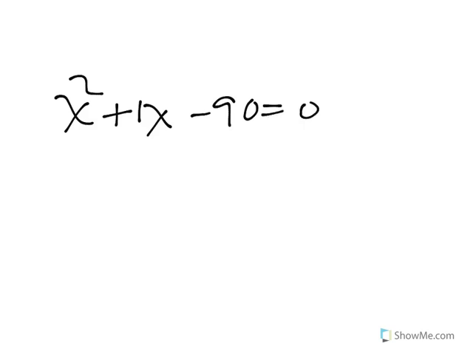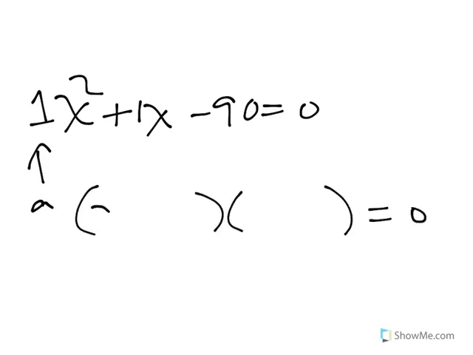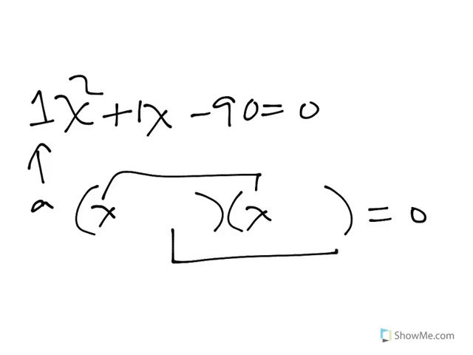If there is no number out there, like if the question was x squared plus 1x minus 90 equals 0, when there's no so-called a coefficient, or an a coefficient of 1, and if it does factor, all you have to do is put xx, because that's how you get your x squared. Then these two things become the last.